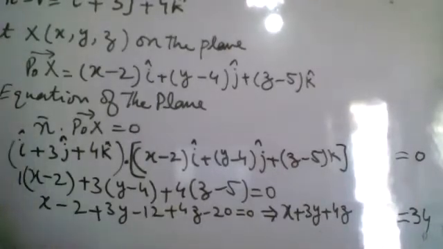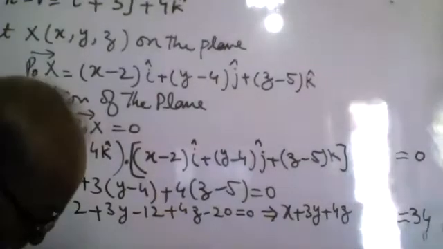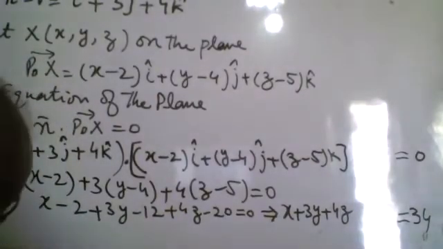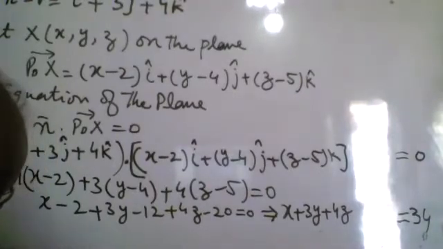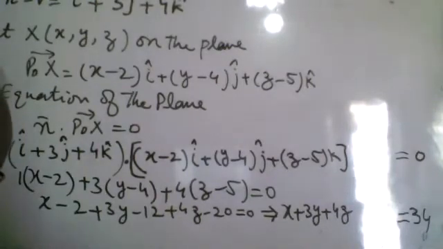Now the next question. Question 26: Find the equation of the plane through (1, -2, 1) and perpendicular to the vector from the origin to A. So we will find the vector OA, where O is the origin (0, 0, 0).